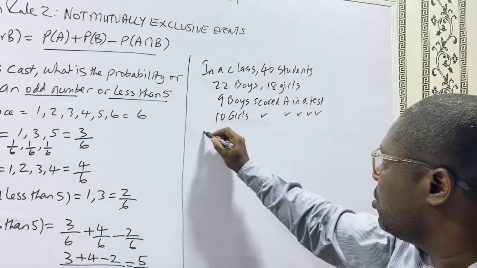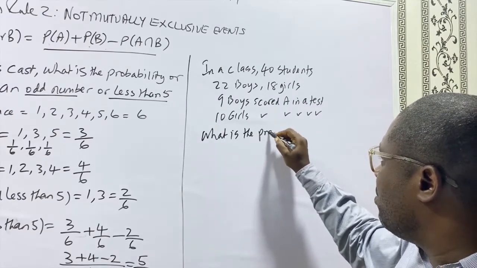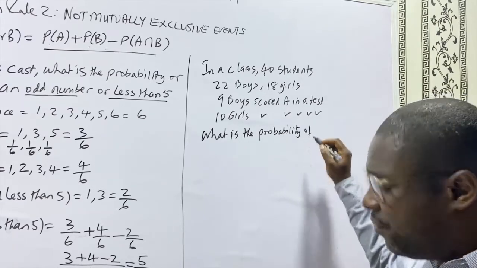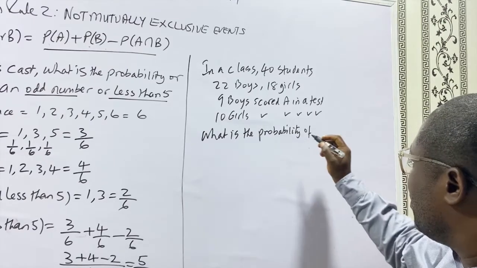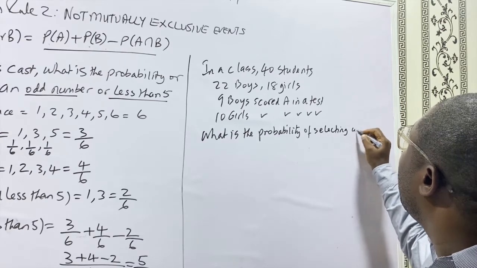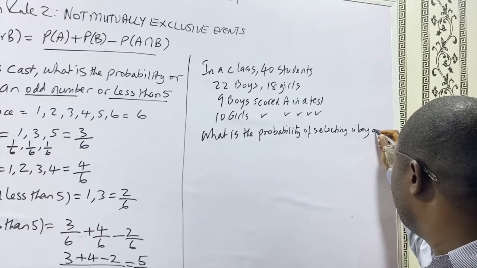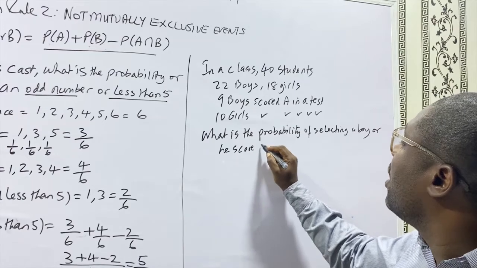So the question is, what is the probability of selecting a student at random? What's the probability of selecting a boy, or he scored A?